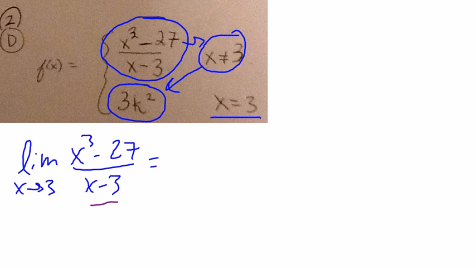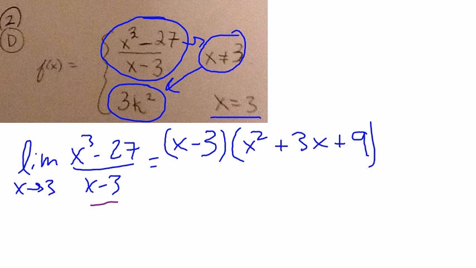But if you're feeling fancy, then you could recognize that we actually have a difference of cubes problem. And so we can rewrite that as x minus 3 times x squared plus 3x plus 9.